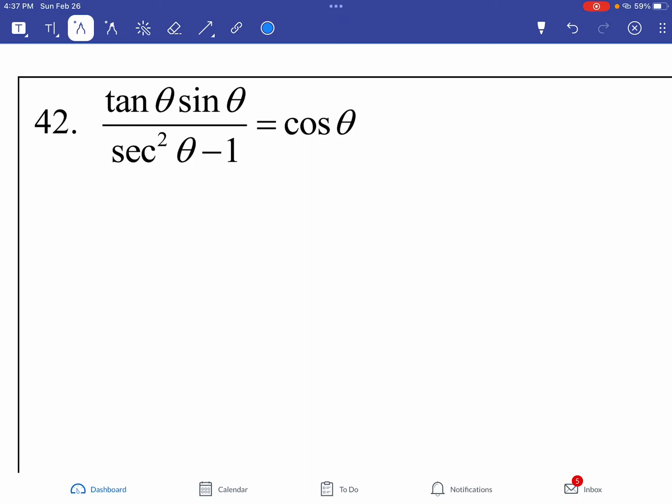So for this, tangent is going to be sine over cosine. Sine is going to be sine over 1. They're being multiplied. On the bottom, I have secant squared minus 1. Secant squared minus 1 is going to be tangent squared.